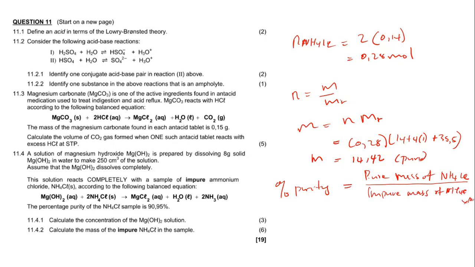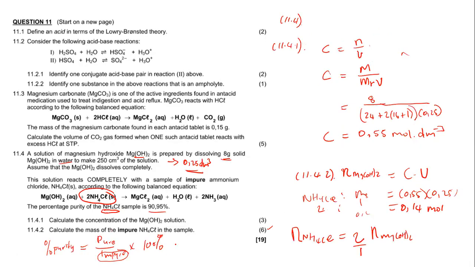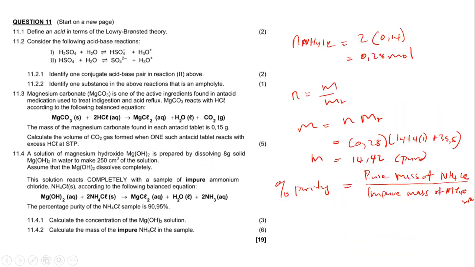Sorry, I don't have space. This is the formula, multiplied by 100. Now, what is the percentage purity? They said it's 90.95. You can write the percent sign here or not, it's fine.